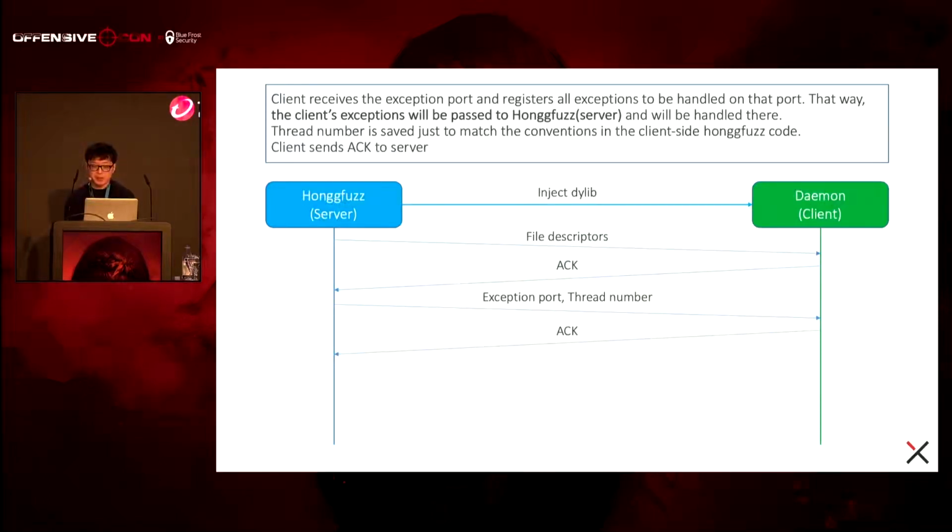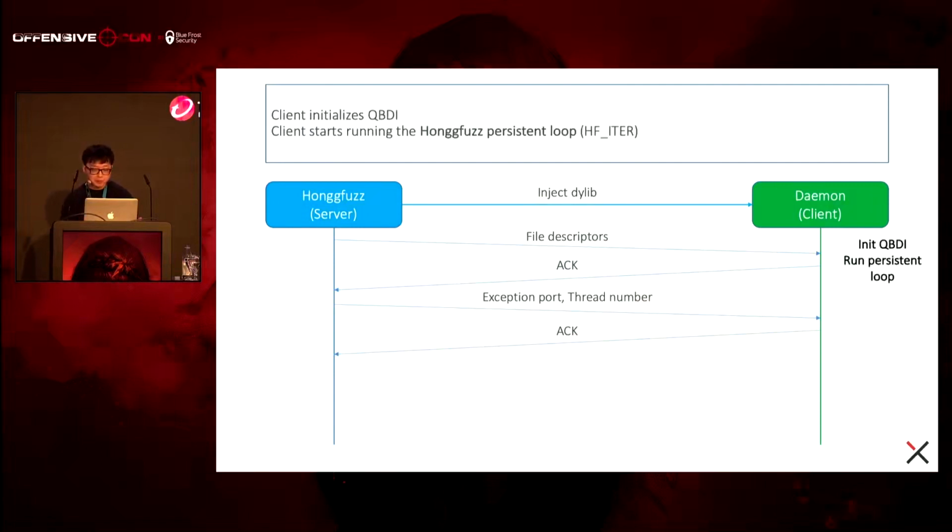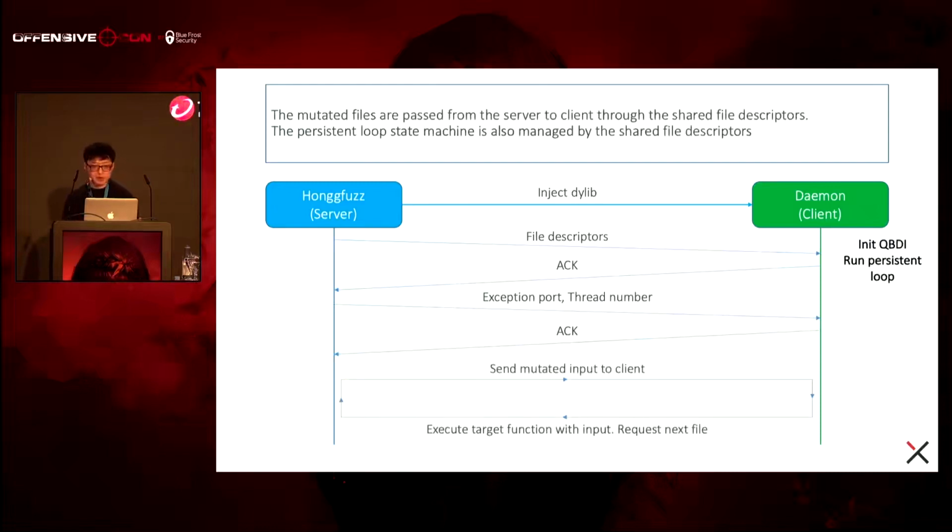And this will make Honggfuzz handle all exceptions happening inside a separate service. Then the client initializes the QBDI virtual machine and runs the Honggfuzz persistent loop. Although the code to wire all of these together is pretty hacky, it surprisingly works correctly. The files to be fuzzed are passed through a shared file descriptor, and the persistent loop state machine is polled through another shared file descriptor that Honggfuzz interprets.